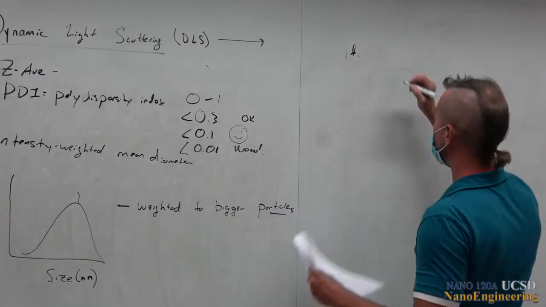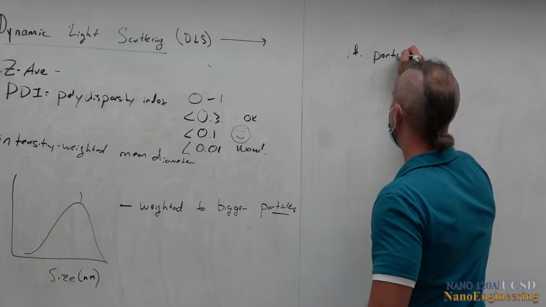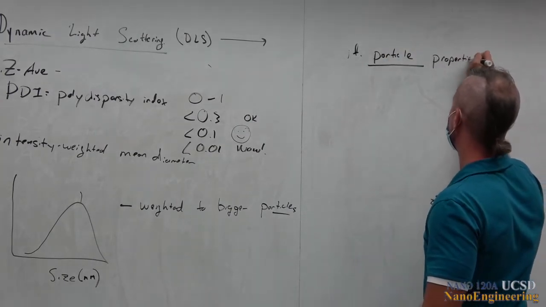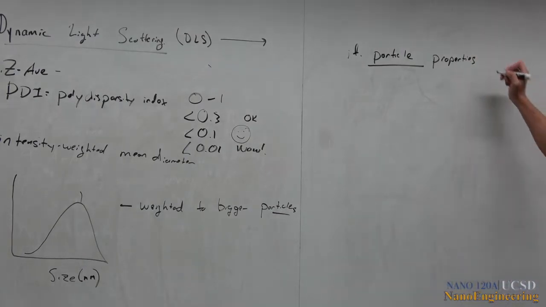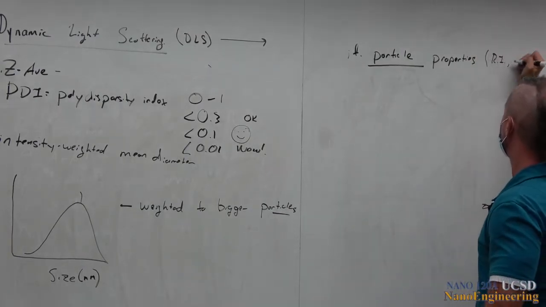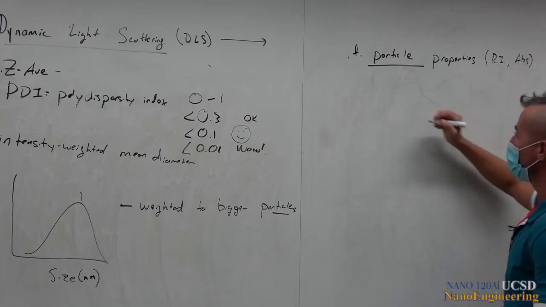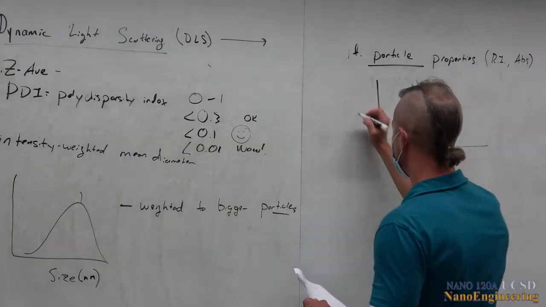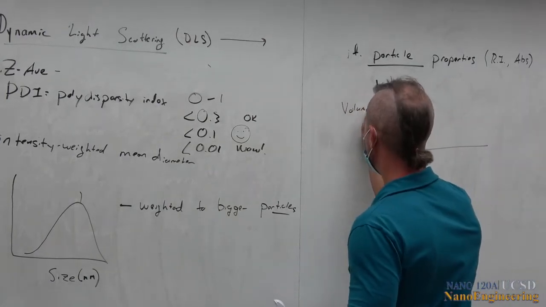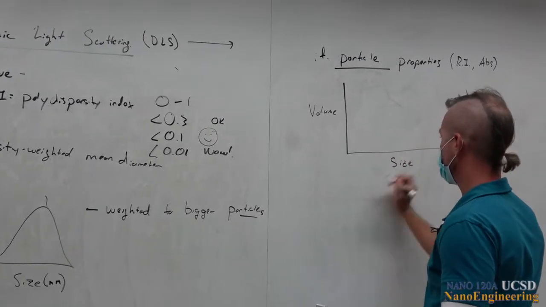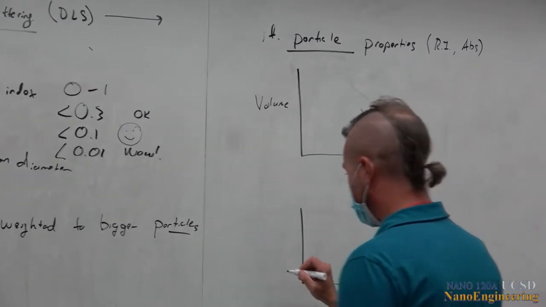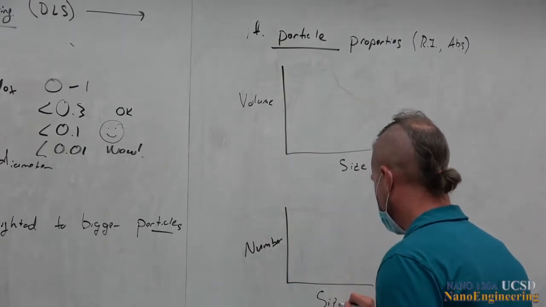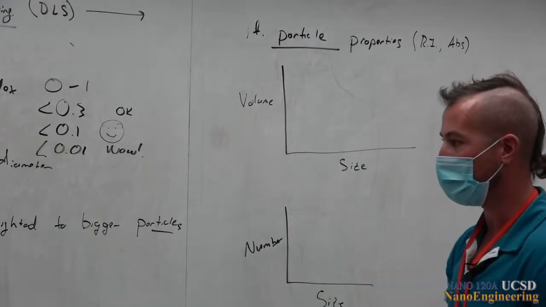The particle optical properties. If you know the particle properties, such as the refractive index and the absorbance, it uses Mie theory to give you a volume or a number in addition to intensity.